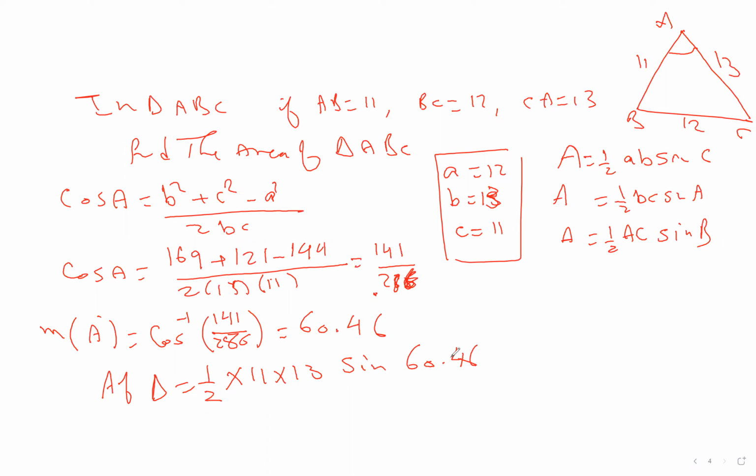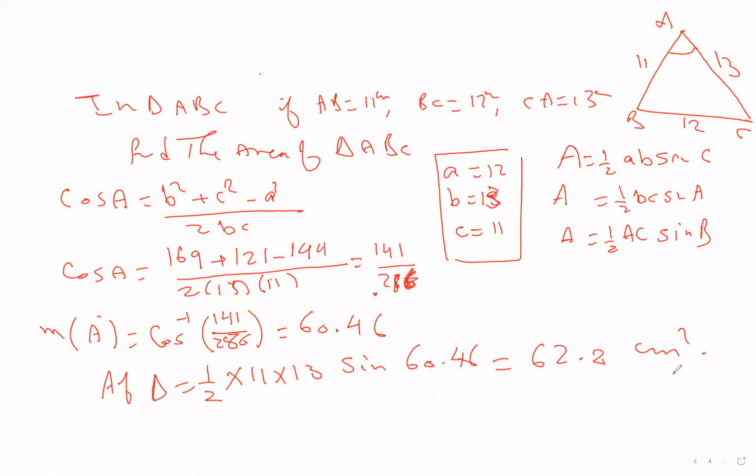So the area of the triangle will be 62.2, and if the unit is centimeter, it will be square centimeter, or square units according to the unit given.